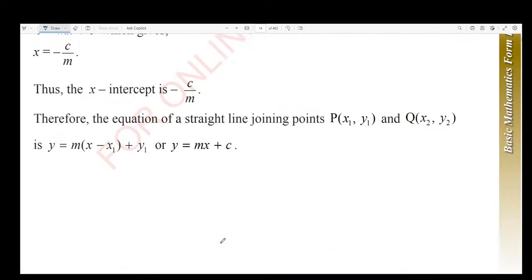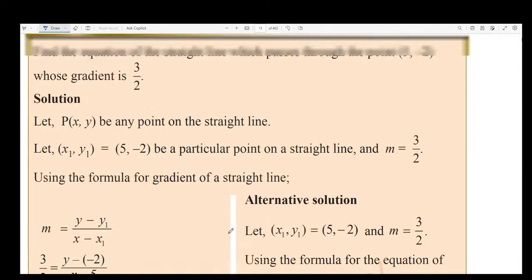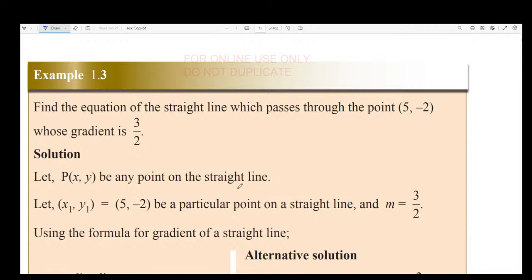To give you an idea of how we are going through this, we'll jump now to examples, and I will start actually doing questions.